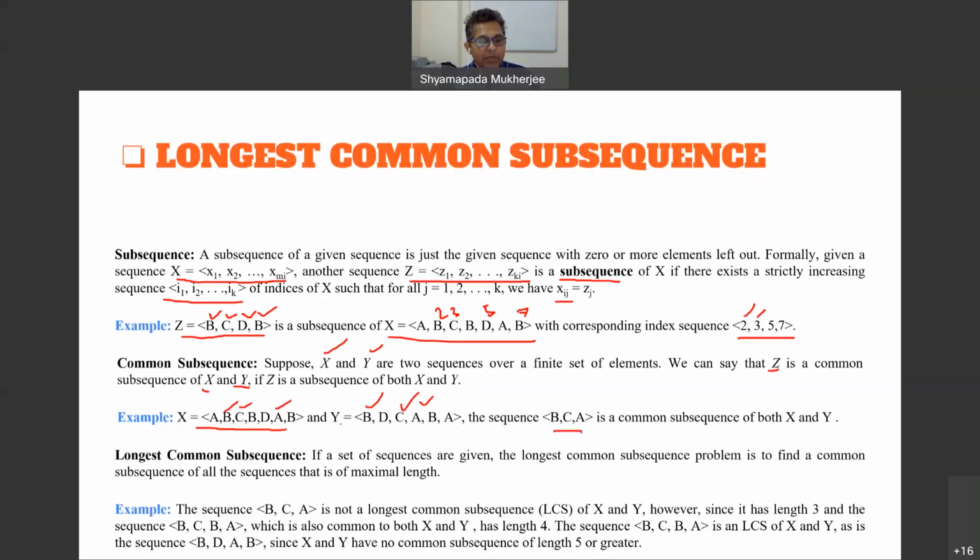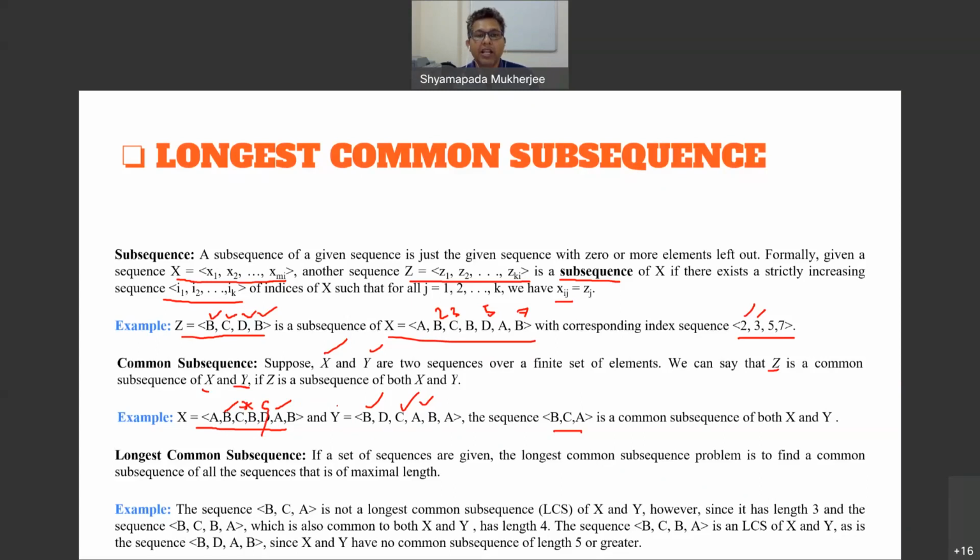You can see that the C may be here, or another C may be here instead of D. So you could have taken B, C, A this way. There is no restriction.